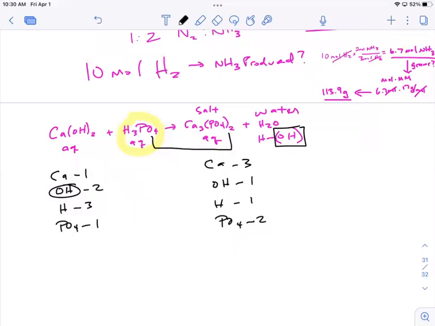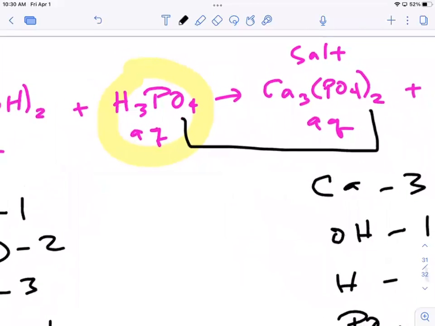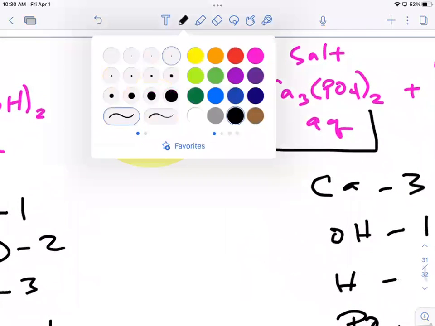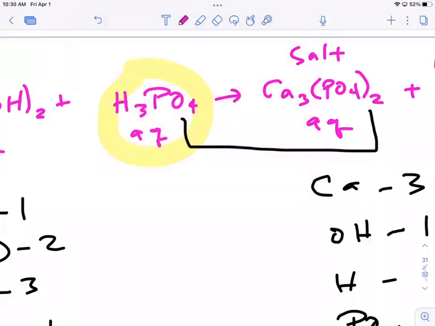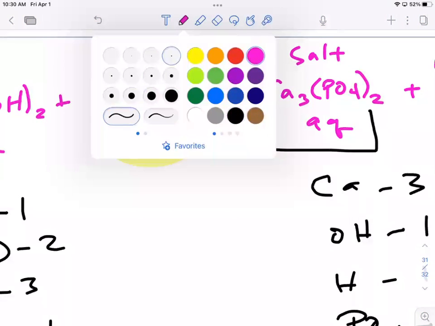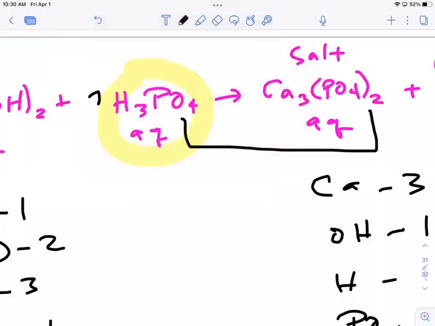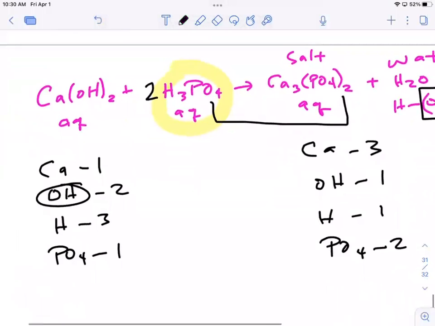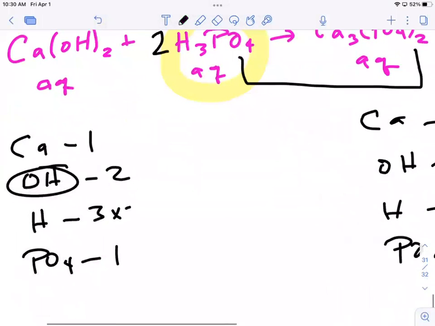So we got 2 on the other side. What would you do to this side to make the phosphates equal? Put a 2 as a coefficient. Put a 2 as a coefficient right here. Is that right? So that's going to be this times 2, which makes me have 6 hydrogens, and this times 2.